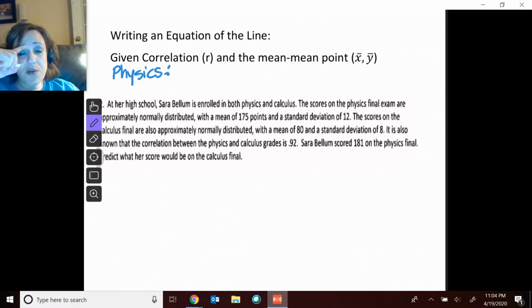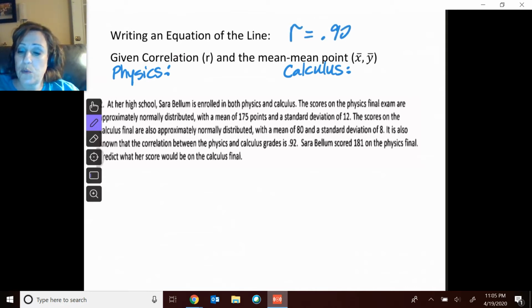And then we also have scores on the calculus exam. At this point, I do not know which one I want to be X and which one I want to be Y. And I've got the mean and standard deviation for that. I also have the correlation between those courses, the correlation coefficient being 0.92.